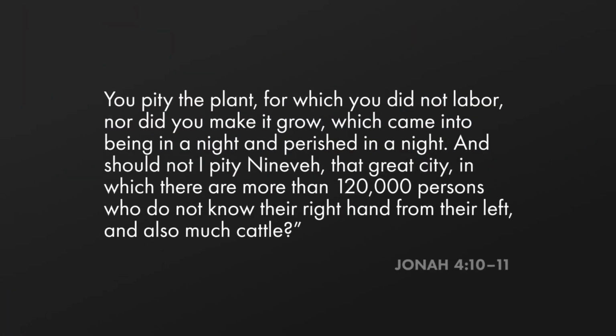In the final and climactic speech, God says this to Jonah: "You pity the plant, for which you did not labor, nor did you make it grow, which came into being in a night and perished in a night. And should I not pity Nineveh, that great city, in which there are more than 100,000 persons who do not know their right hand from their left, and also much cattle?"